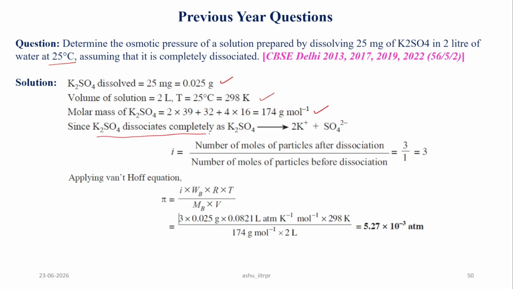Since K2SO4 dissociates completely, the value of i is 3. Now when you apply the formula pi equals iCRT, you directly get the value. The most important part here is decoding the information 'assuming it to be completely dissociated'.